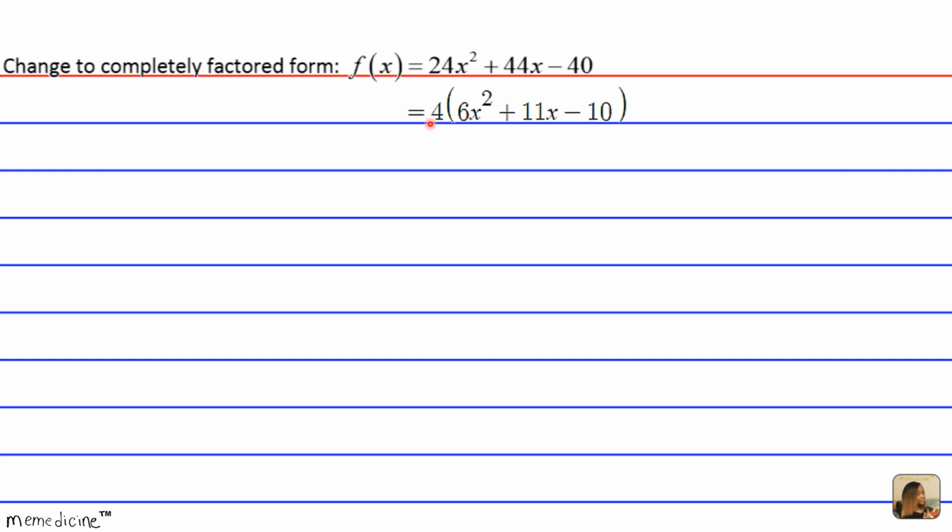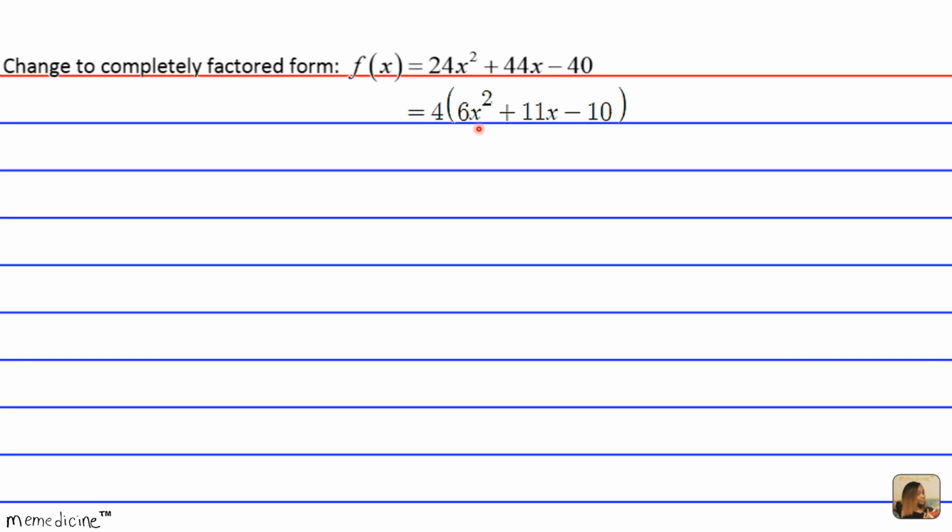So this portion I'm really excited about because the technique that we're going to use is called factoring by grouping. So we have to find two numbers. Let's just assign the variables u and v to these numbers. u times v has to be equivalent to a times c.